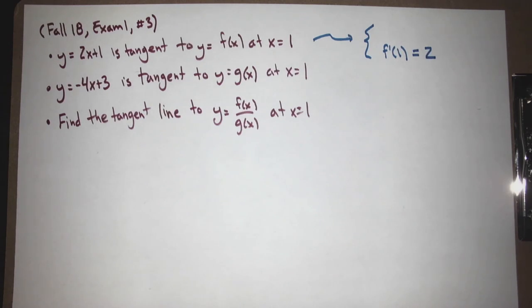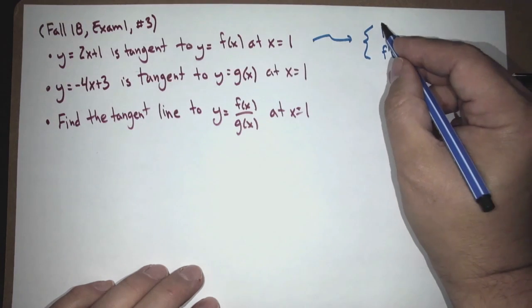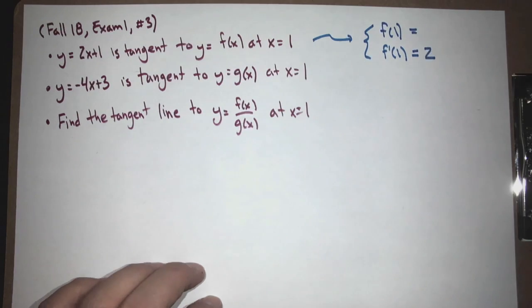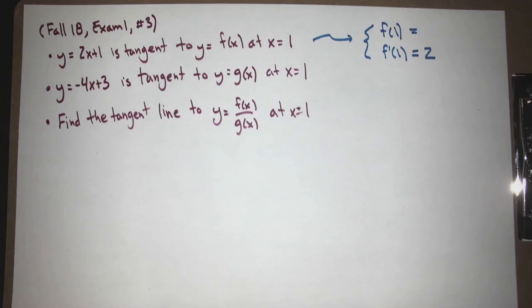In other words, it touches the function at the point of touching. So, if we have that information, what is that telling us about the function? I claim it's telling us f of 1. It has to touch the function at 1. How do we get that value?